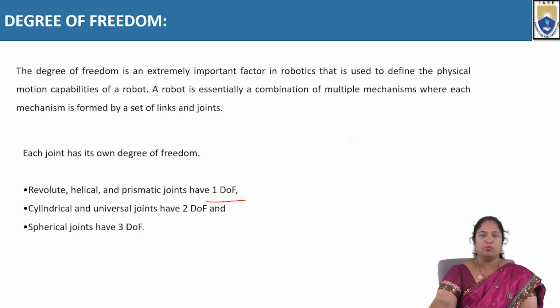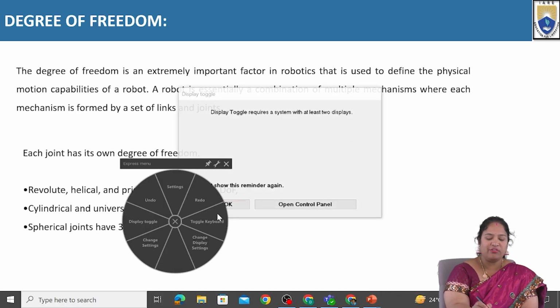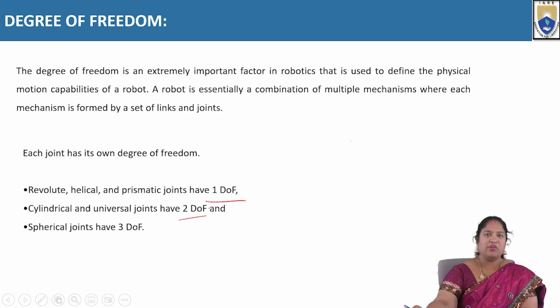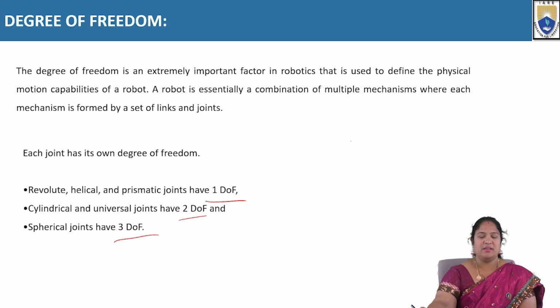Whereas 2 degrees of freedom is generally used for cylindrical and universal joints. And 3 degrees of freedom is used for a spherical joint.